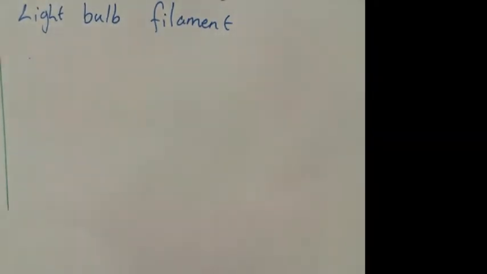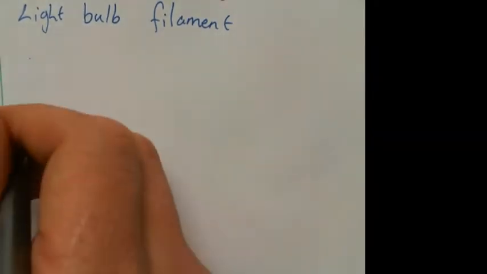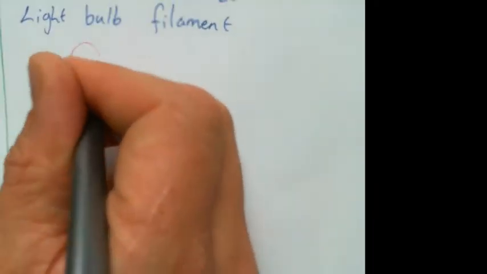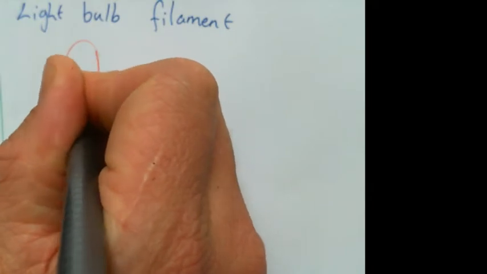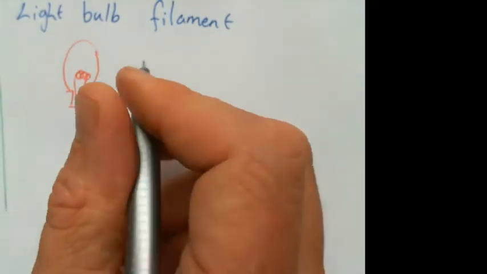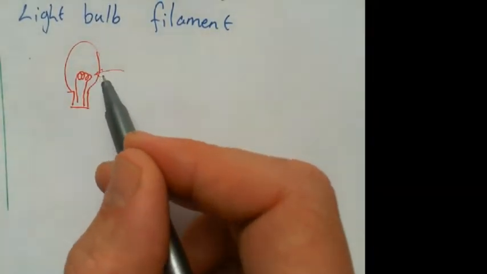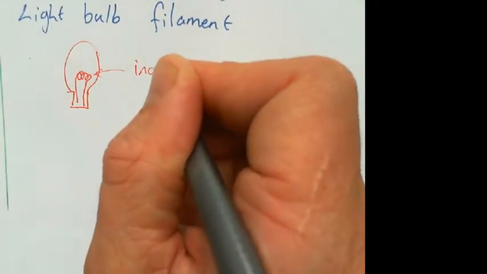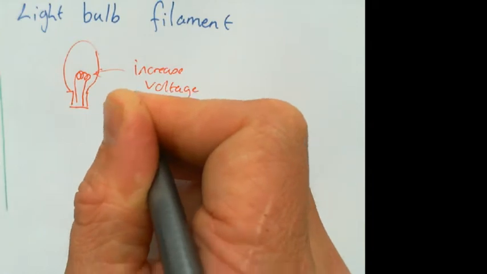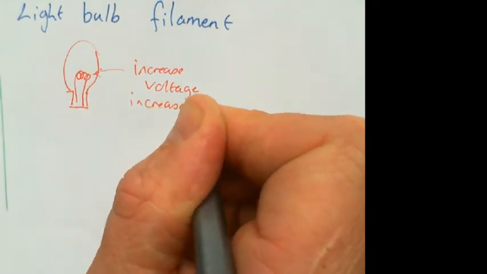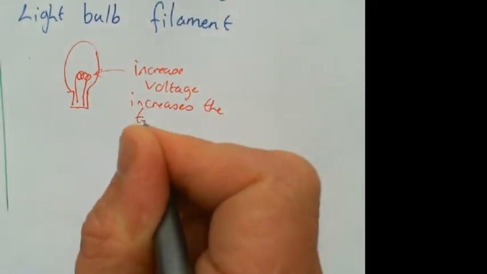What's special about a filament light bulb is that it's got a wire on the inside, and when you increase the voltage, it increases the temperature.